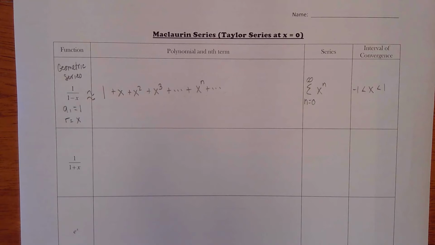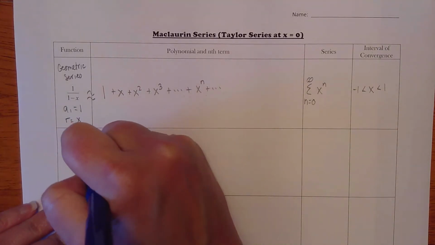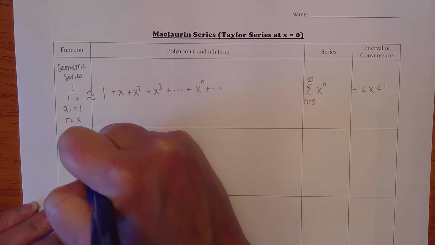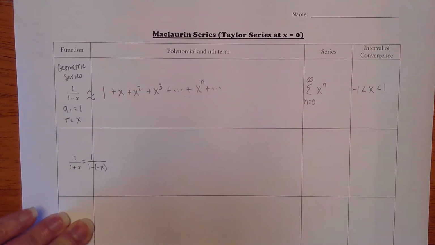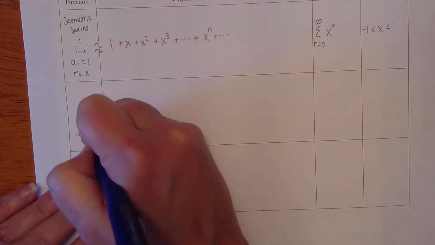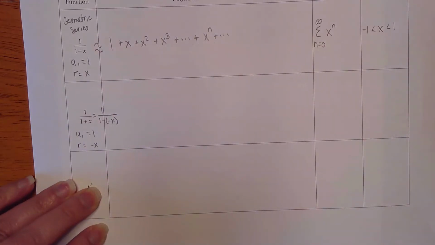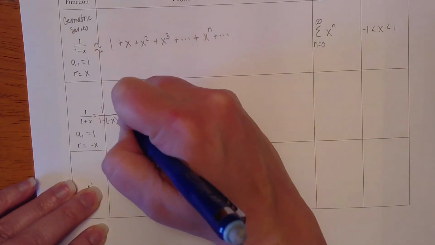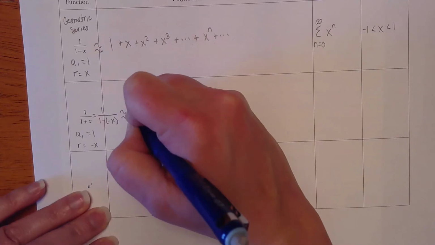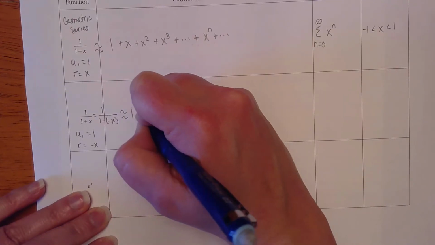Now, I can manipulate series. I can manipulate this into looking like a geometric series if I do this. Now here, our a1 is 1, our ratio is -x. Okay, so let's write our polynomial approximation. 1 multiplied by your ratio.